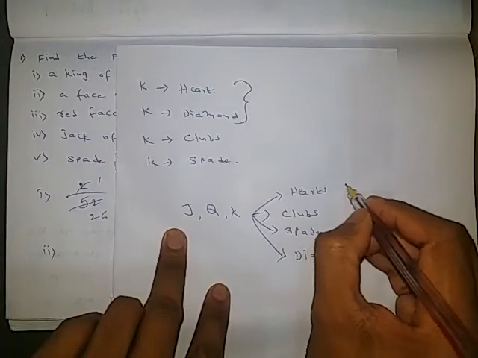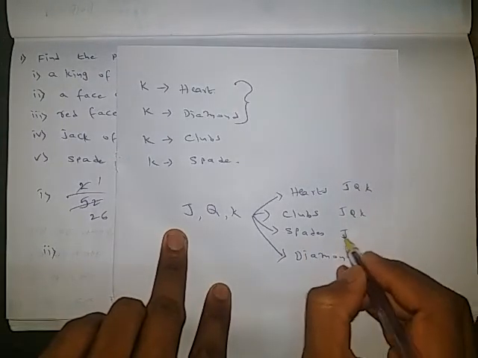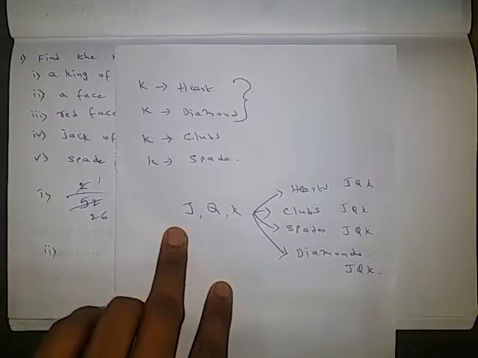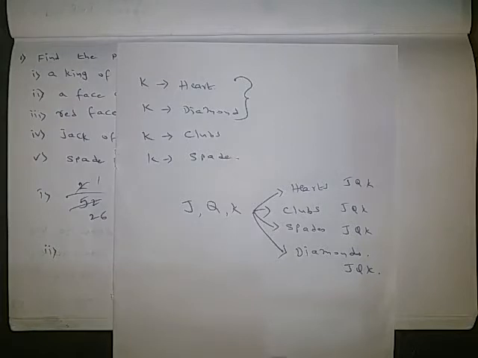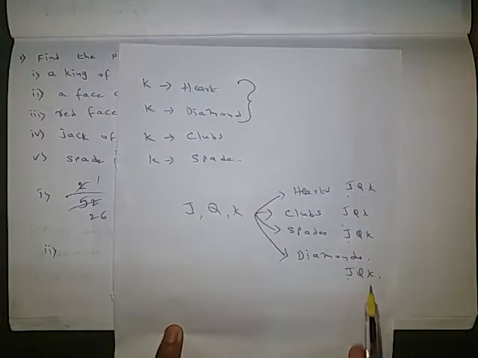So total how many are there? 1, 2, 3, 4, 5, 6, 7, 8, 9, 10, 11, 12.